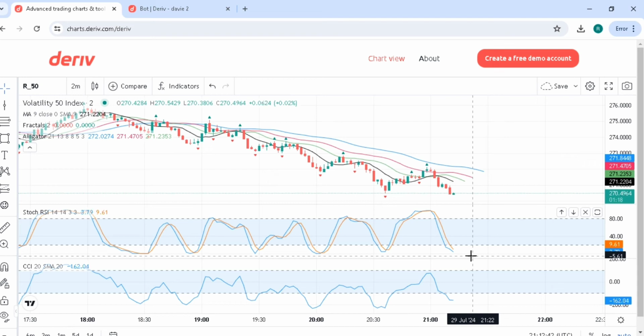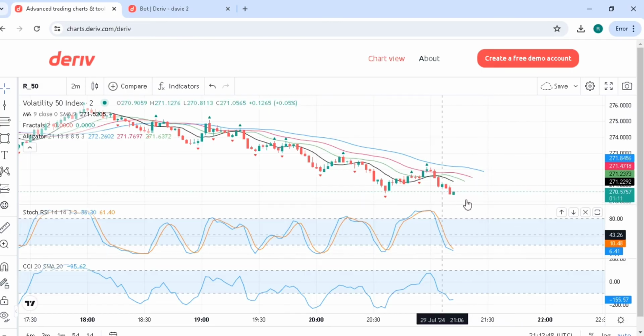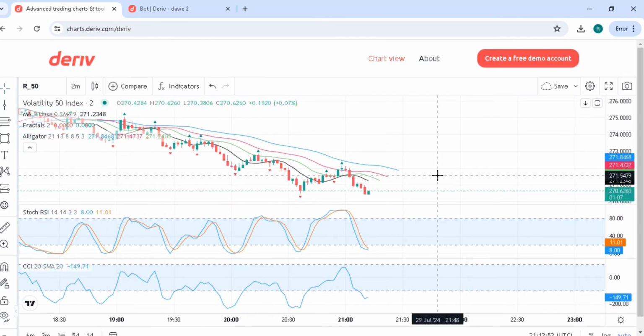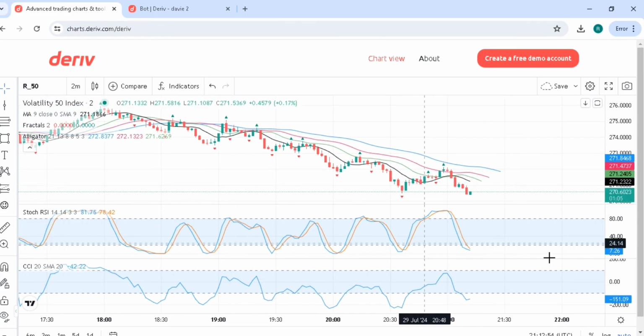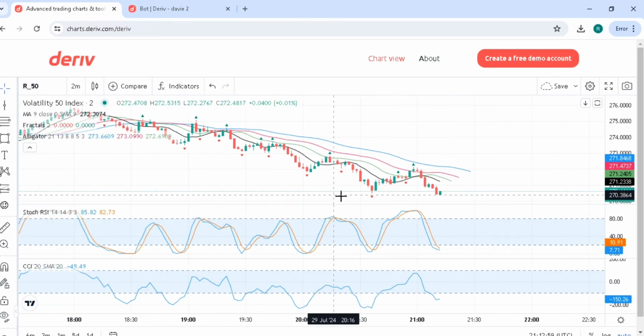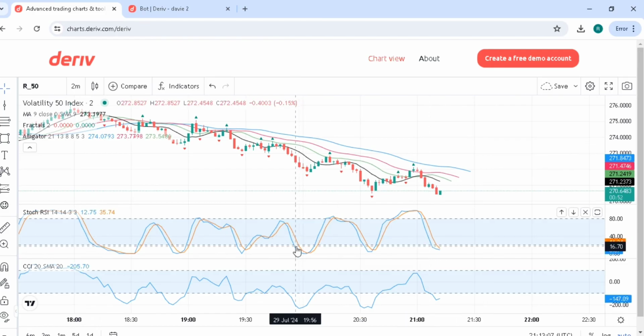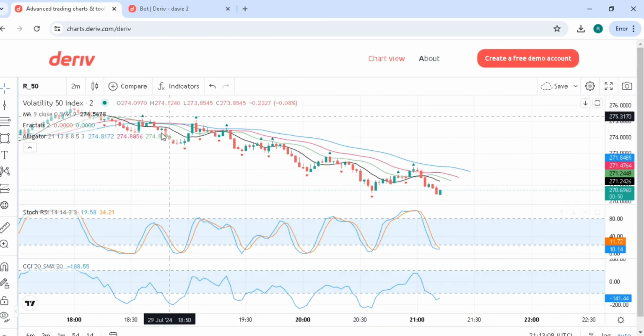Now we have a long way to go, because for you to enter a trend confidently, remember, you can combine these indicators, they are so good, but ensure that no matter the indicators that you are using, at least the Williams fractals is there, the stochastic RSI, and also the MACD.